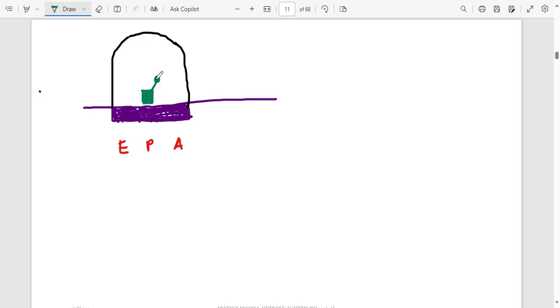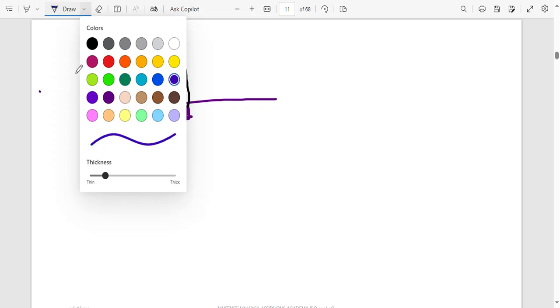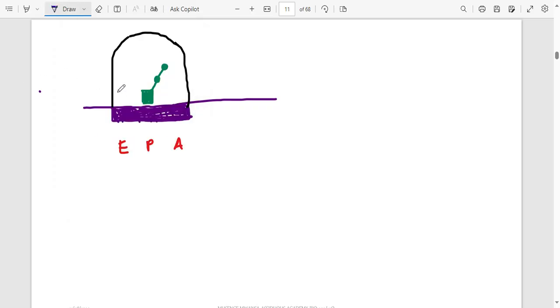So here is the amino acid. Here is the amino acid. And then the tRNA that is going to come into the E site is going to be removed. E means exit. So the tRNA that comes here is going to be thrown out. That's how it moves out of the procedure. Remember, this is the 5 prime end. This is the 3 prime end.